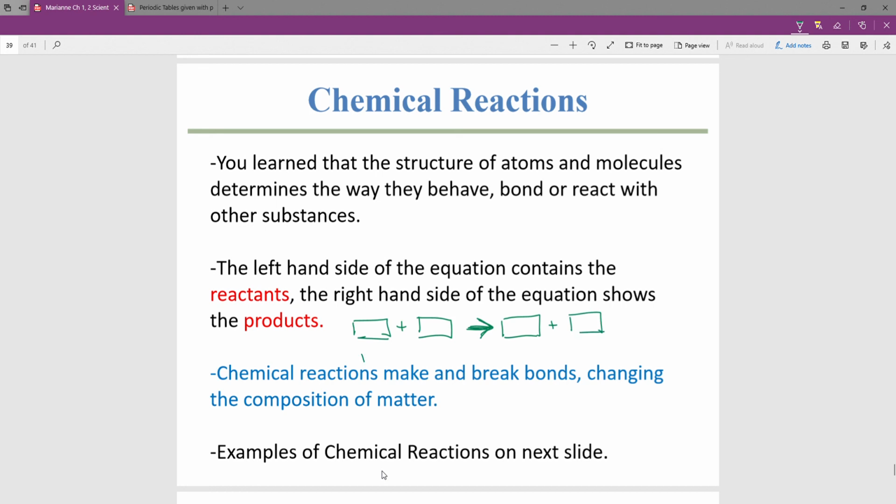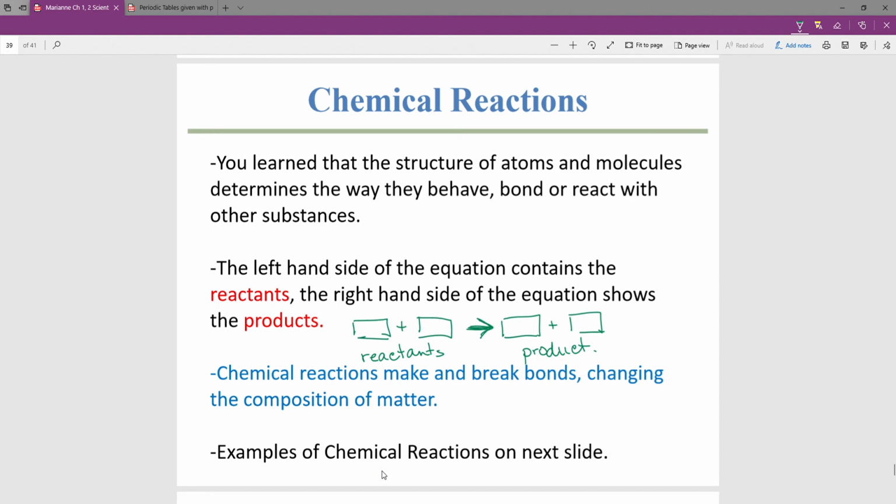And so we have reactants and products. We have the same amount of things on both sides. We have the same number of hydrogens, we have the same number of oxygens or whatever. You don't create or destroy things in a chemical process. You're just rearranging. You're breaking and making bonds, changing the composition of matter.